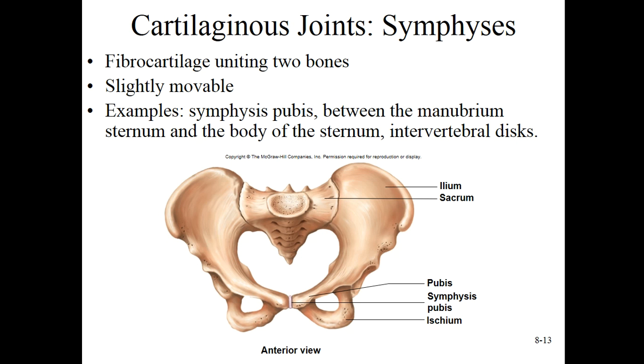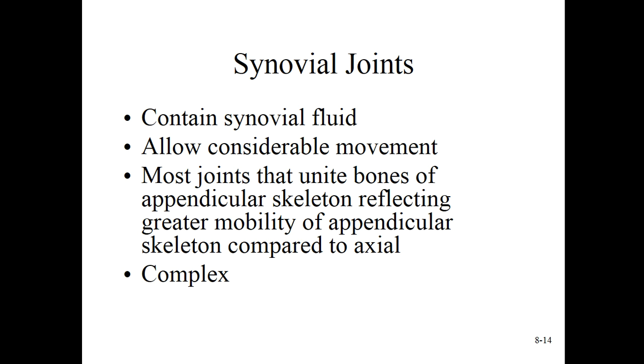Hyaline cartilage, synchondrosis. The pubic symphysis and the intervertebral discs are also examples of cartilaginous joints, in this case fibrocartilage, so they're a bit more movable. In the next video, I'll walk you through the many types of the synovial joints.